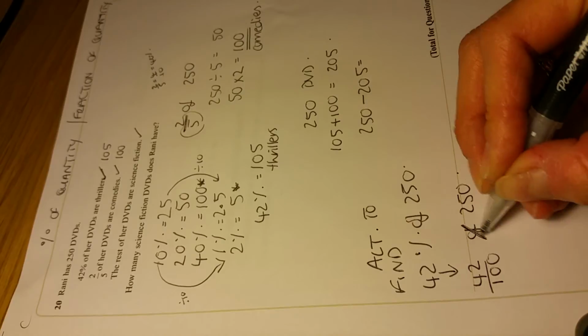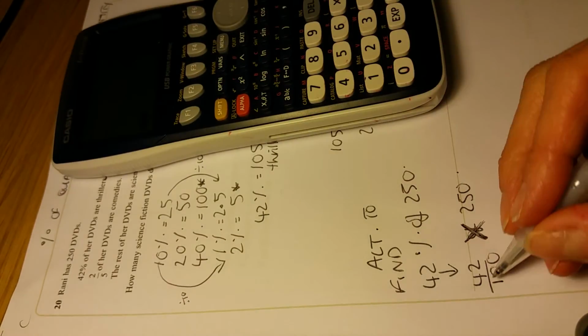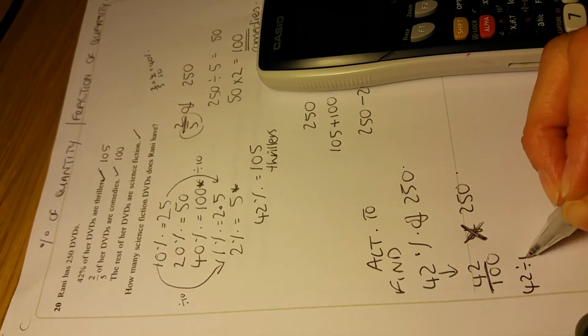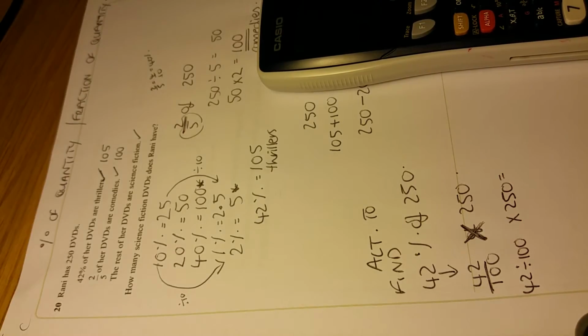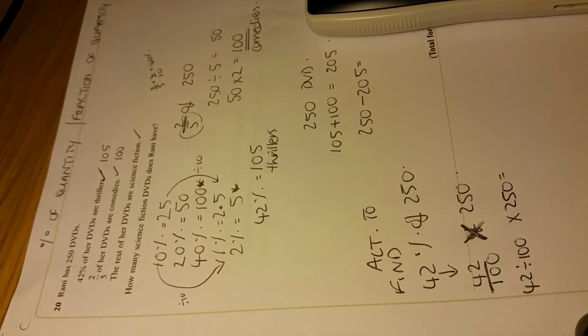Now, of, you can replace with a times sign. So remember, this line here means divide. So I do 42 divided by 100 on my calculator, then I times by 250. So 42 divided by 100 times by 250. 105. Exactly the same as what we got up here.